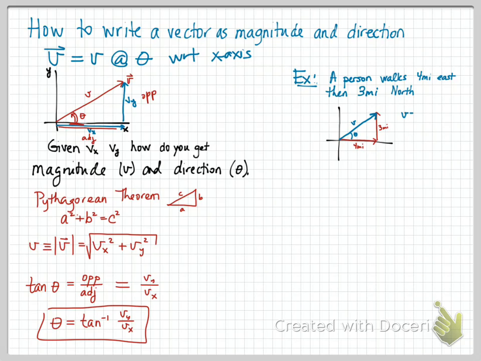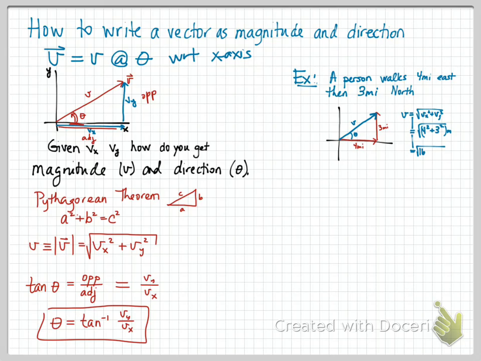The v is going to be the square root of the vx squared plus the vy squared, which is the same thing as the square root of the 4 squared plus the 3 squared. Both of those are miles. Running off the edge of the page, sorry about that. When you square those, they work out very nicely.